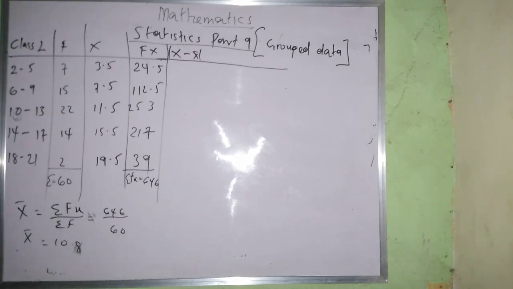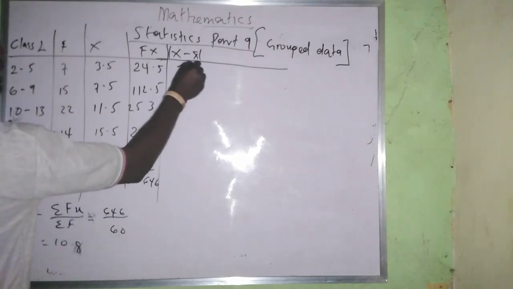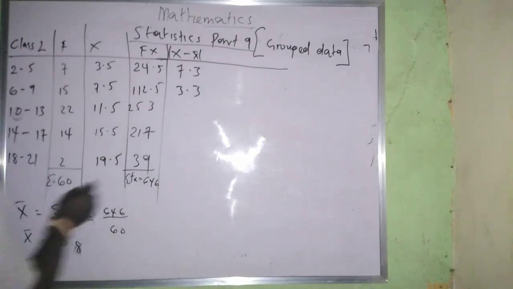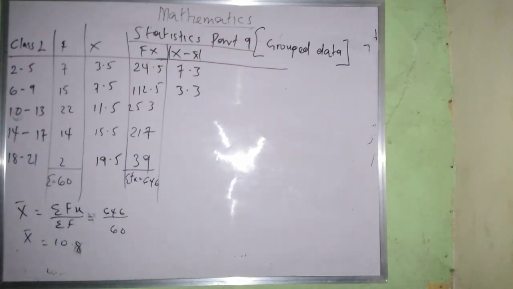I have 10.8 minus 3.5, which is 7.3. Absolute value means you neglect the minus sign. 7.5 minus 10.8 gives 3.3.